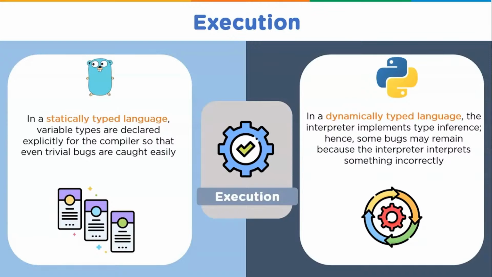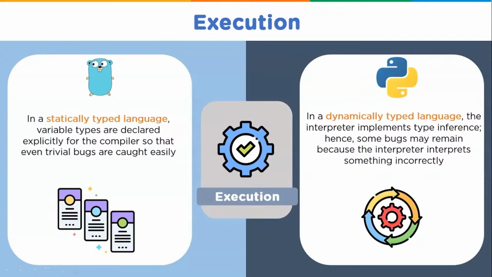Whereas in a dynamically typed language, the interpreter implements type inference. Hence, some bugs may remain because the interpreter interprets something incorrectly. It implies that Python, a dynamically typed language, limits the programmer when he intends to build a really big program. At the same time, Go can handle both types of programs.